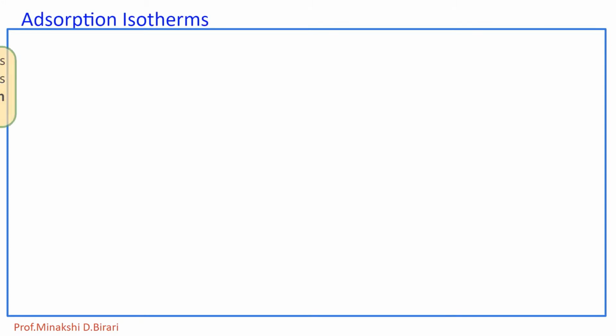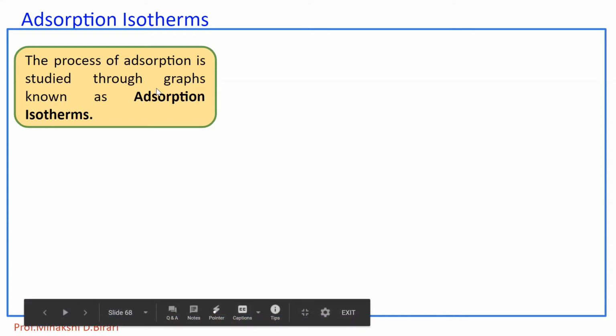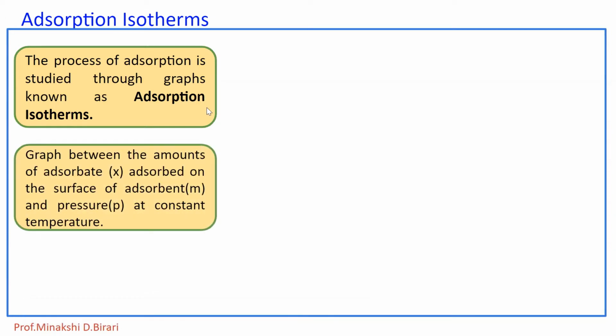So first of all, what are adsorption isotherms? The process of adsorption which is studied through graphs is known as adsorption isotherms. It is a graph between the amount of adsorbate adsorbed on the surface of adsorbent and pressure at constant temperature.